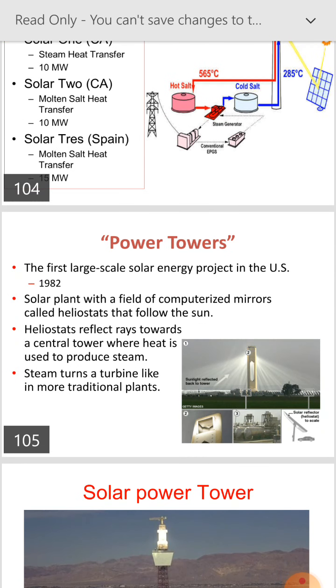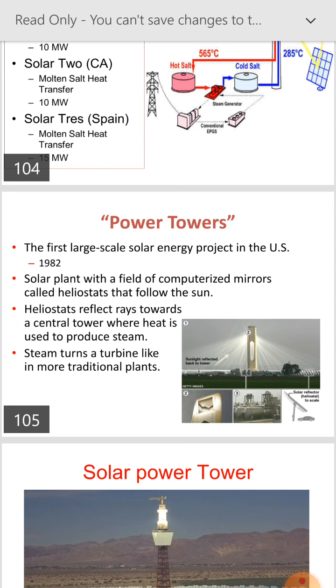Power towers. The first large-scale solar energy project in the US was in 1982. A solar plant with a field of computerized mirrors called heliostats that follow the sun. Heliostats are aimed toward a central tower where heat is used to produce steam.